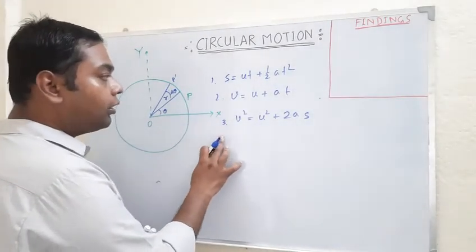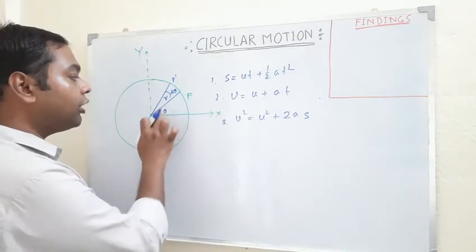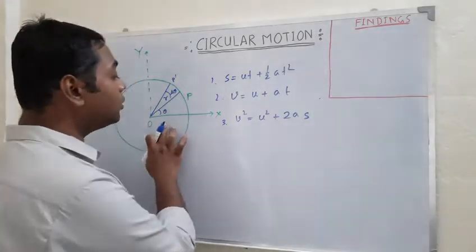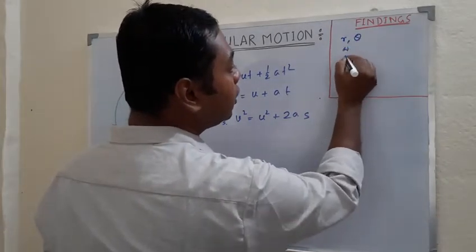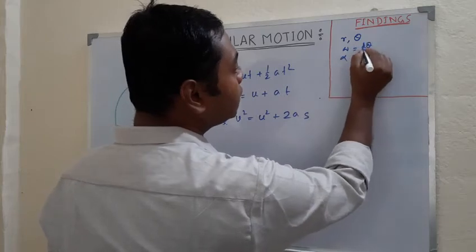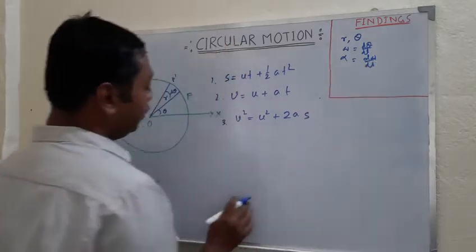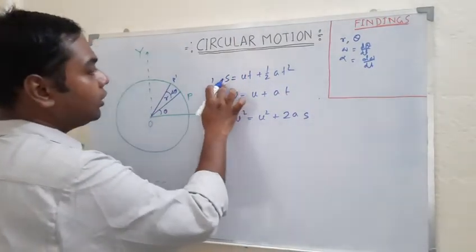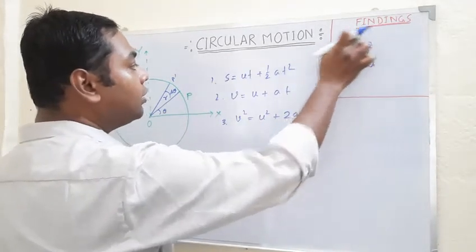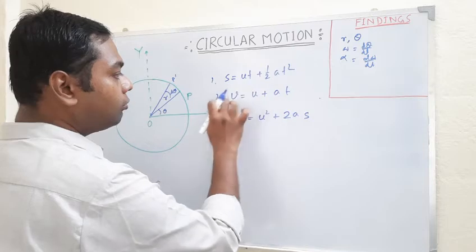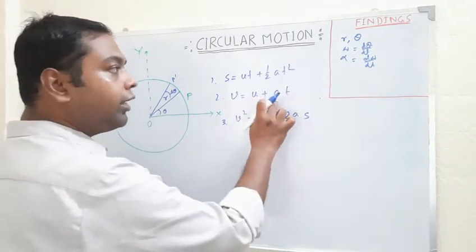Similarly, we can write three equations with respect to the variables we got here. So what were the variables? We got r, theta, omega, alpha. Omega is nothing but d theta by dt, alpha is nothing but d omega by dt. So the analogue of s in plane polar coordinates is theta, the analogue of v is omega, the analogue of a is alpha here.